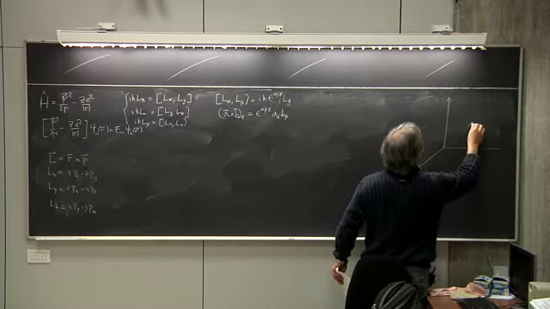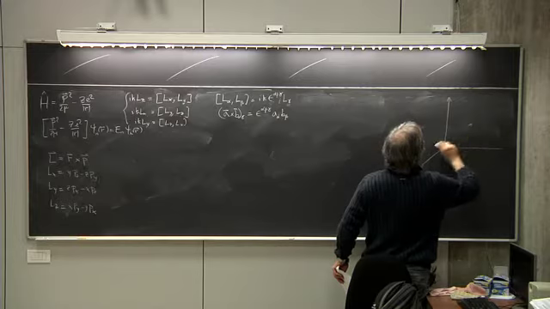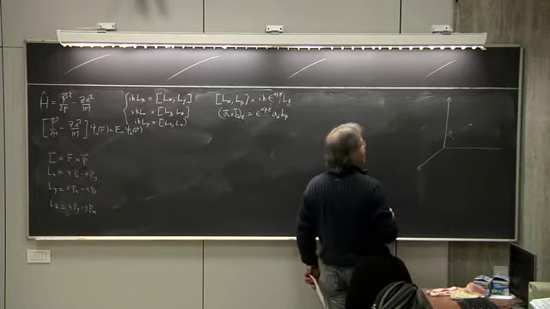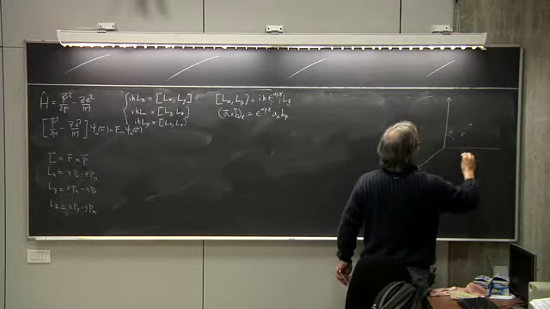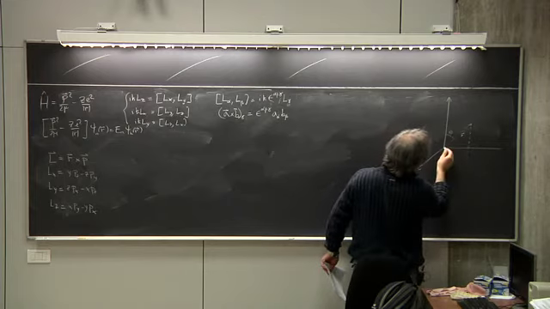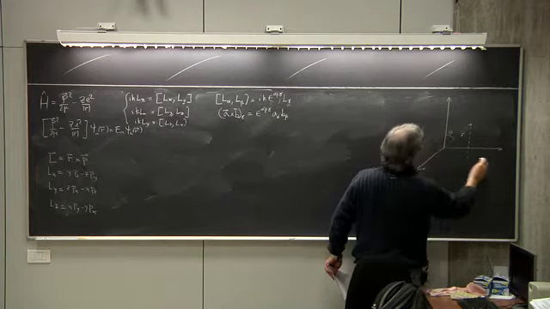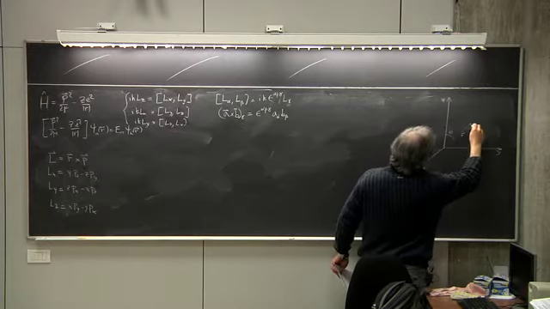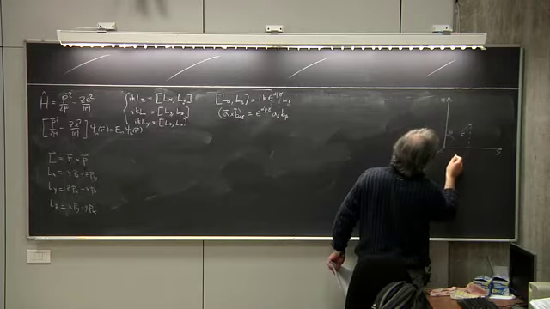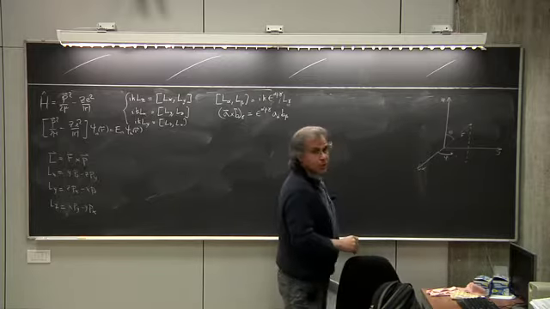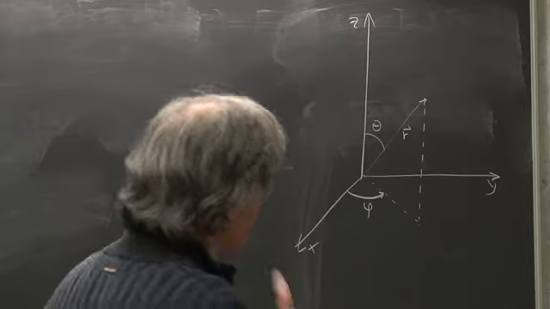Okay, so if I have any vector r, this will be just parameterized by an angle theta. And if you just write this to be the projection on the x and y plane, so this is the projection there, and this projection is obviously making an angle phi with the x axis. These are the standard spherical coordinates.